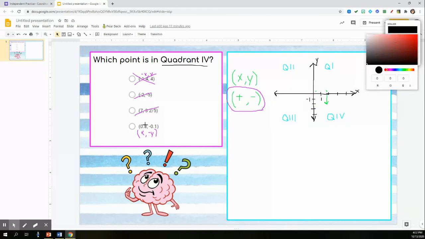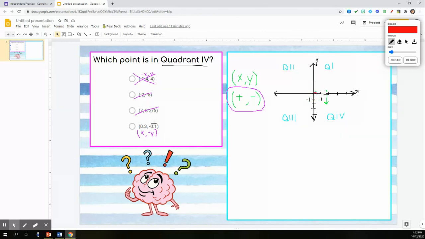If I go positive 0.03, that would not be quite halfway to 1, but it would be about right here. And then we would go down negative 0.1, or 0 and 1/10, which is again a very small step. So my point would be about right here, but that is still in quadrant 4. So D, or this last answer choice, would be my right one.